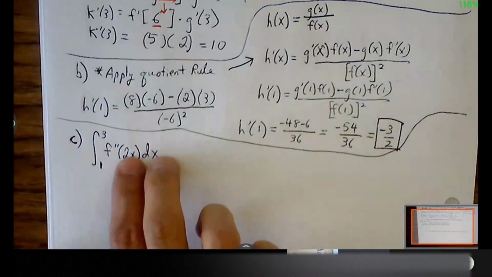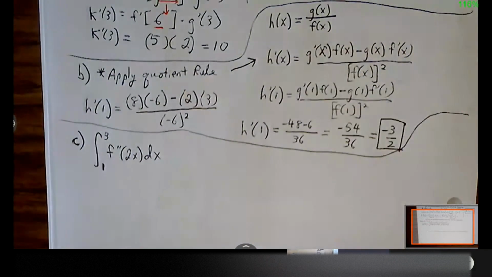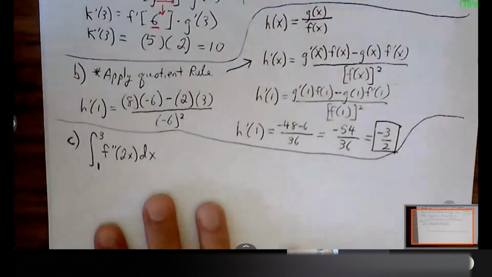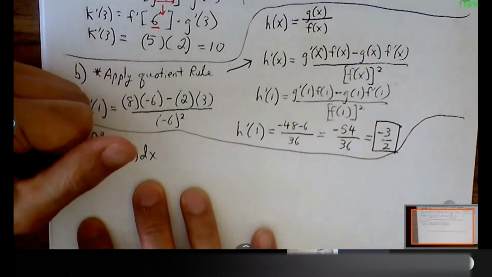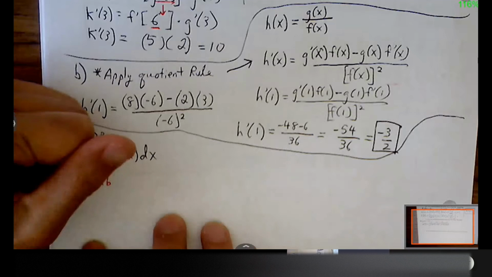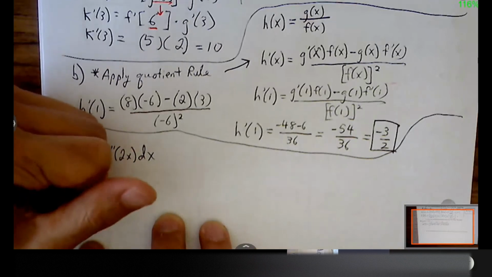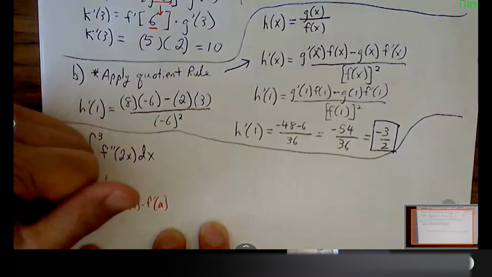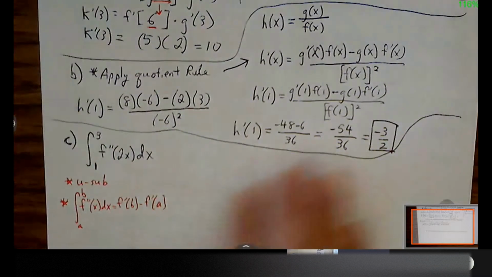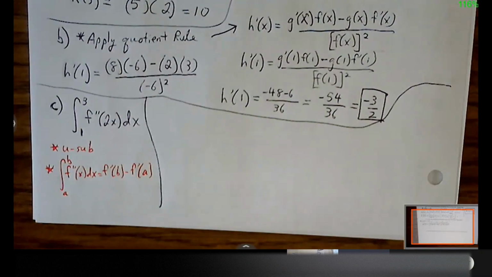We know u substitution takes care of the 2x, and we know f double prime is going to move up to f prime after we apply that integral. All right, u substitution first.